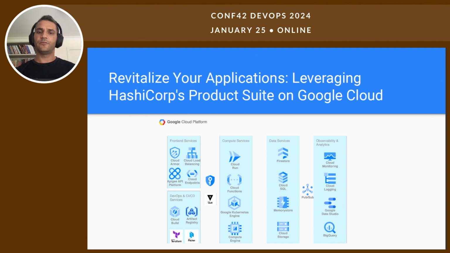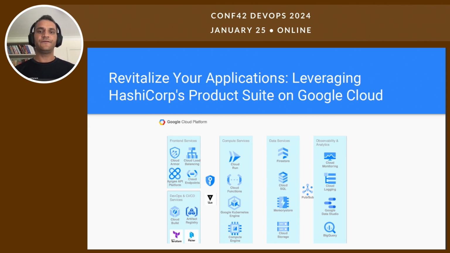So on the very far left, top side, we have externally facing applications configured with Cloud Load Balancing and Cloud Armor. Tools like Apigee API Platform or Cloud Endpoints are used for interfacing with applications via custom developed API endpoints.